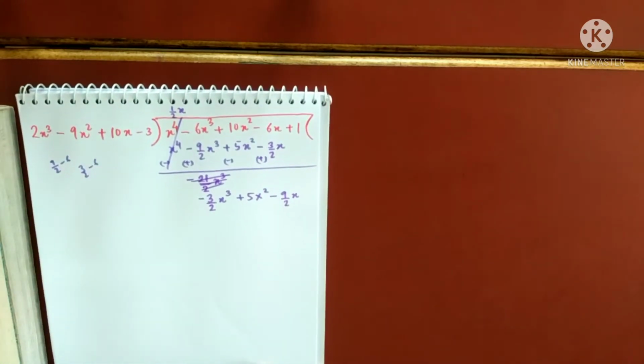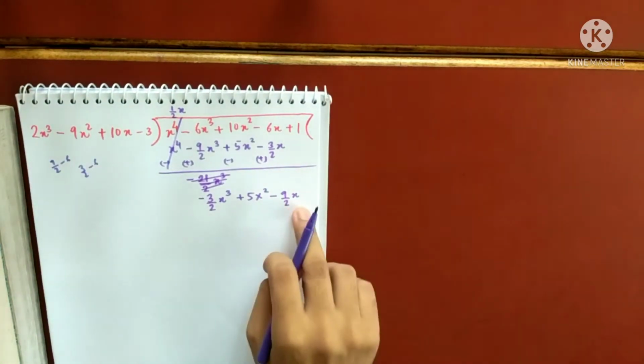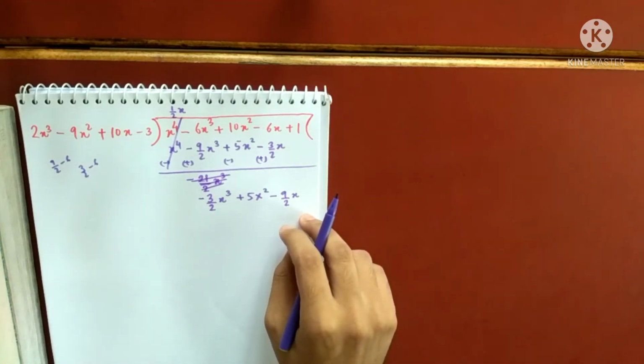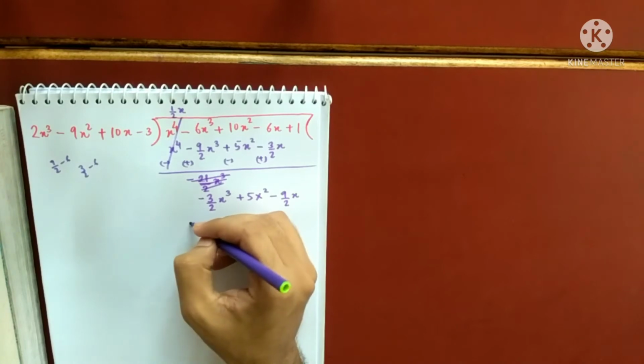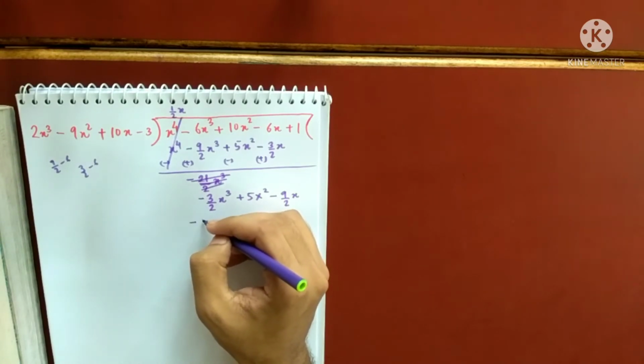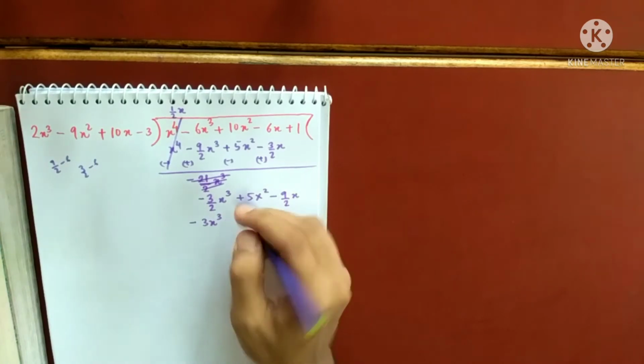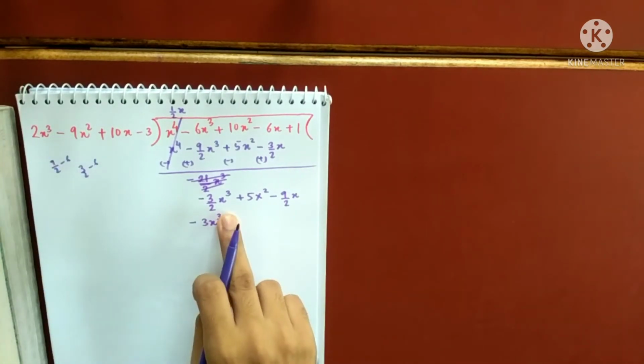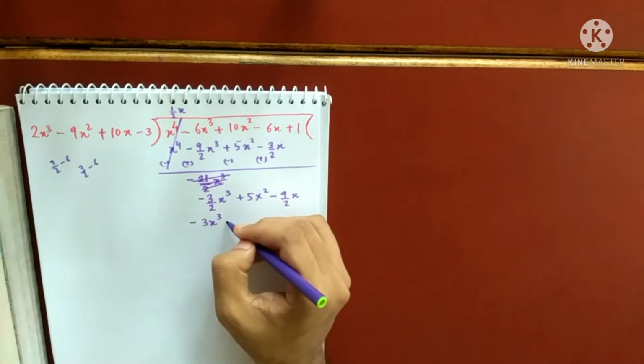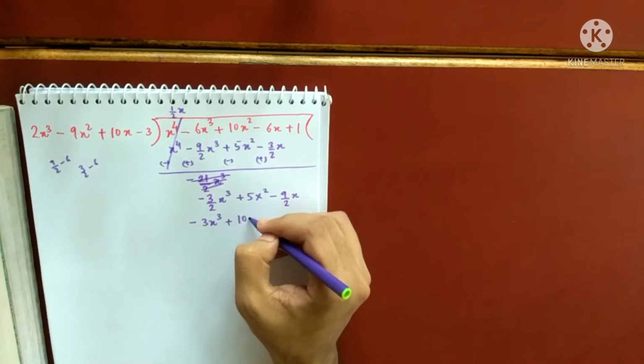So what you can do? You can multiply by 2 to make it simple. Okay, that is allowed. So what I can do is, I'll multiply by 2, so minus, see, this is not the remainder now because I can divide it further, but I'm multiplying by 2 so that things become very simple to compute.